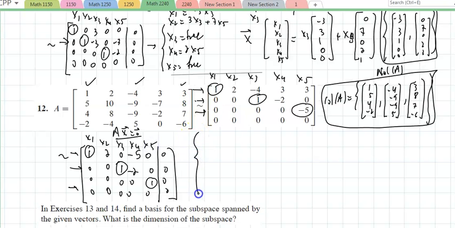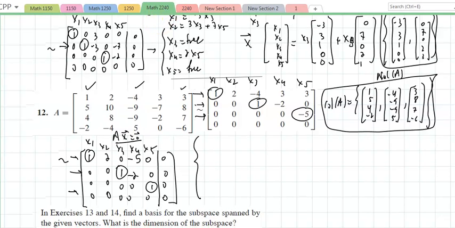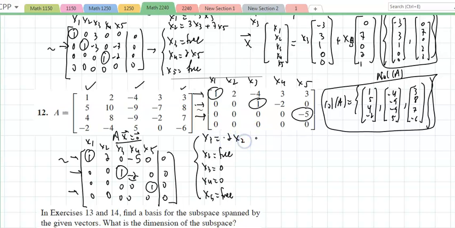That means out of this, I noticed that x5 is free, x4 is 0, x3 is 0, because that's a 0, x2 is free, and x1 is negative 2x2.